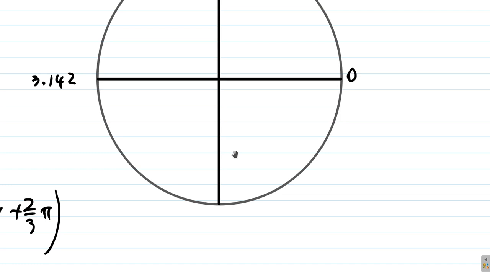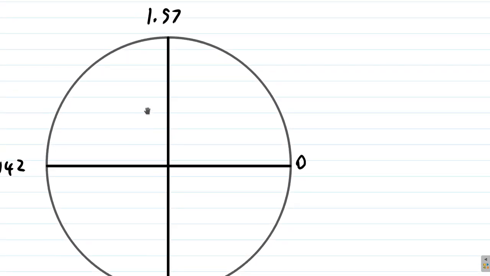So 3 pi over 2. Let me just deal with this. 3 over 2 times pi equals 4.71. All right.